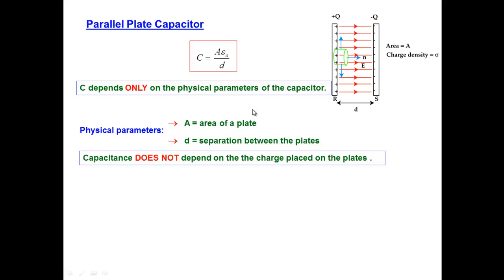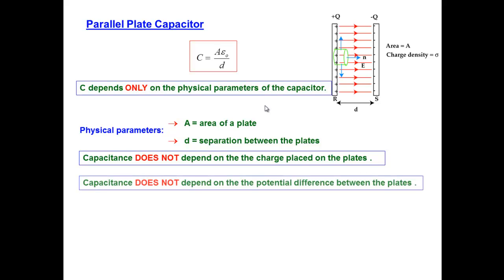I mentioned this in class. I said, what happens if we increase the charge placed on the plates? Well, the only thing that happens is the potential difference must increase as well, in just the way that would keep the ratio Q over delta V a constant. So capacitance does not depend on the charge.